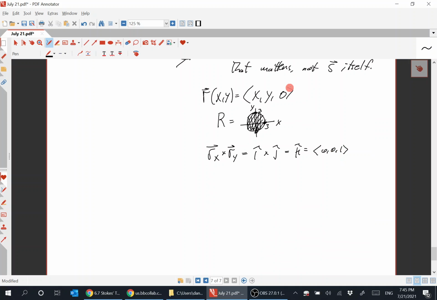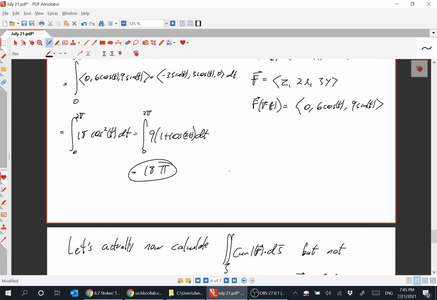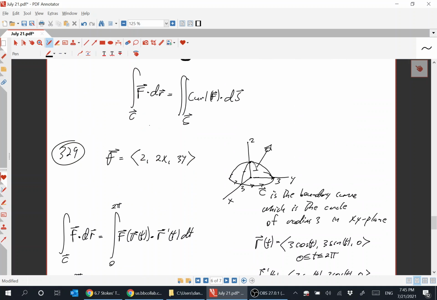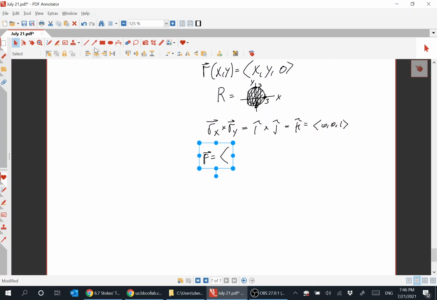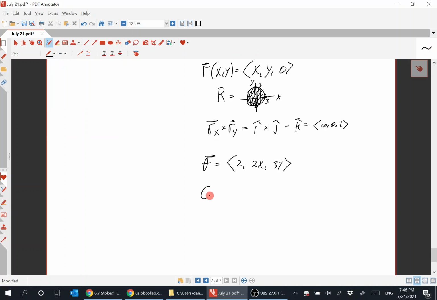Now, of course, you also have to do the curl. So what was F? F is equal to that. Now the curl of F is the determinant with i, j, k, partial with respect to x, partial with respect to y, partial with respect to z.